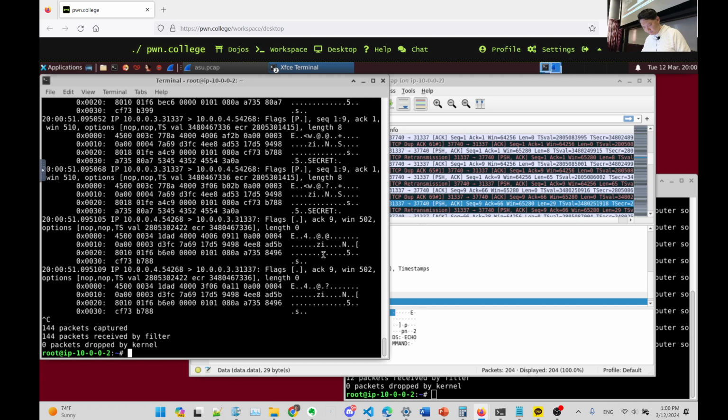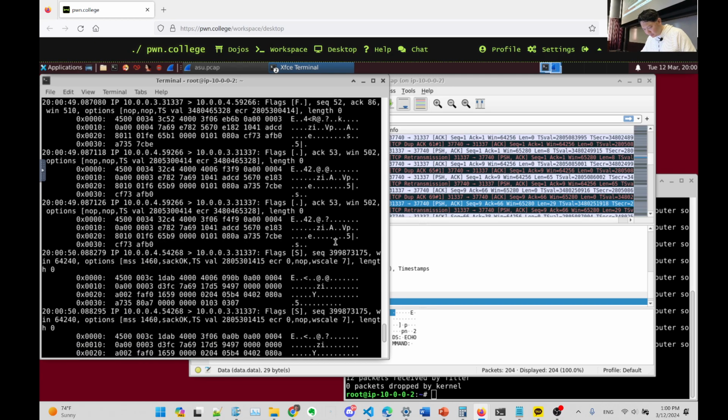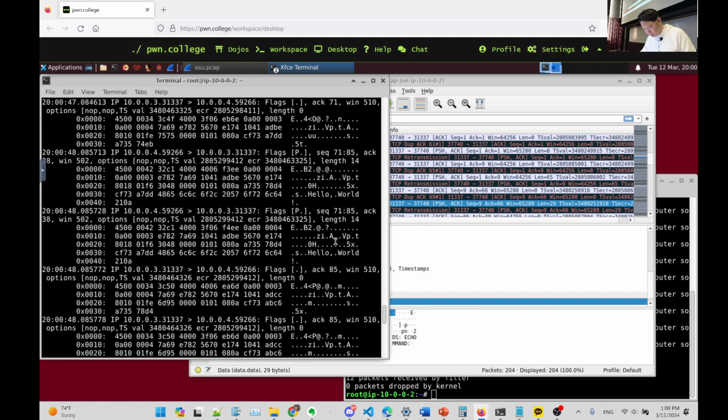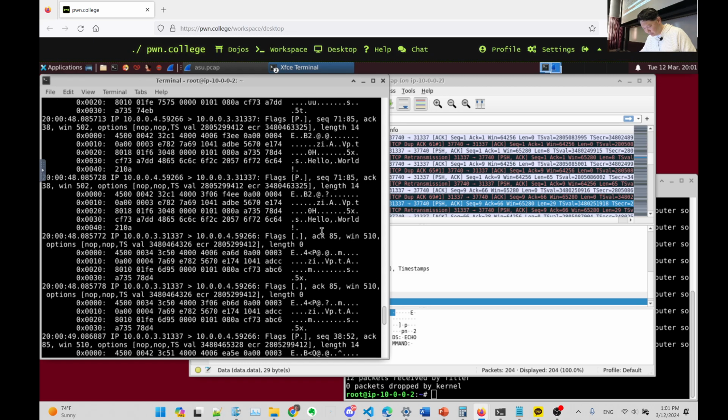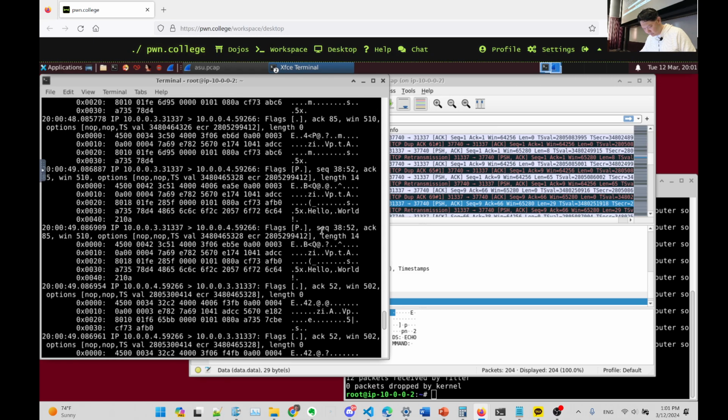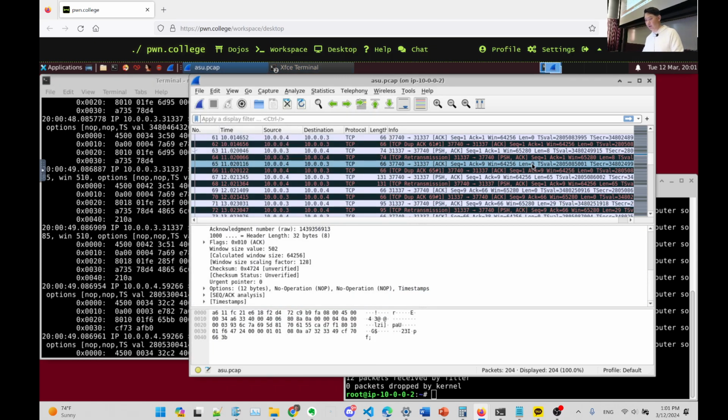You can also see that repeatedly they showed the same characters or commands. So now you can see the sequence number here and the ACK number, and you can predict what the next sequence number is between these repeated data transmissions.